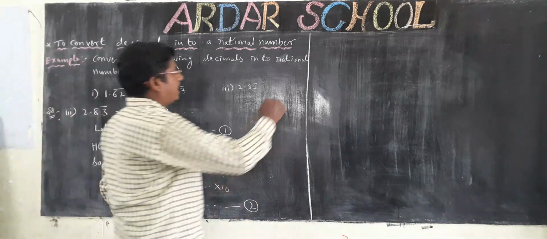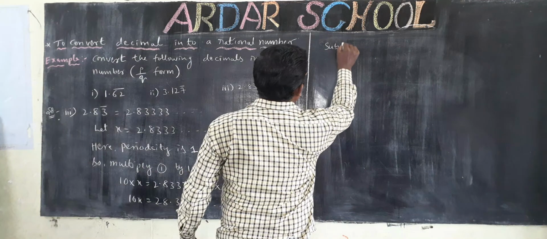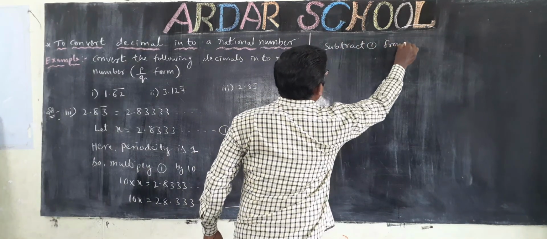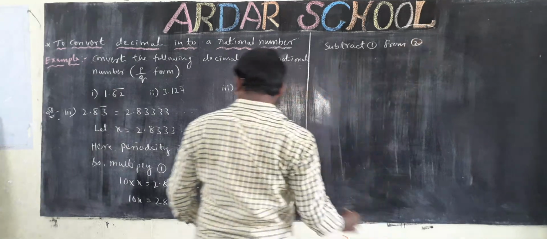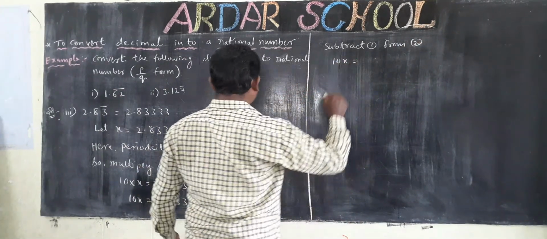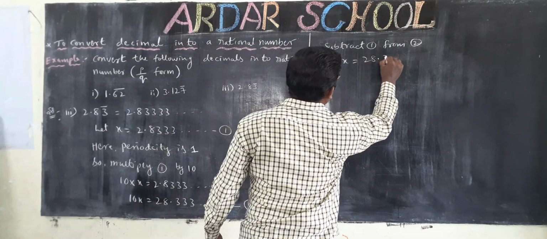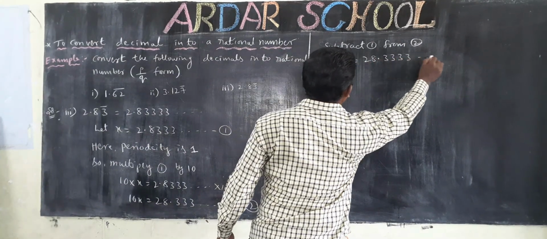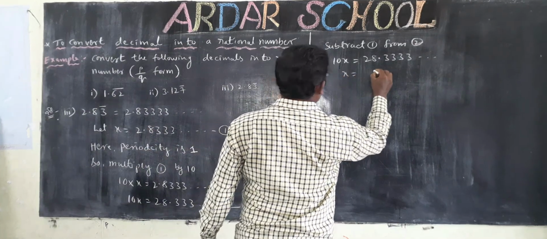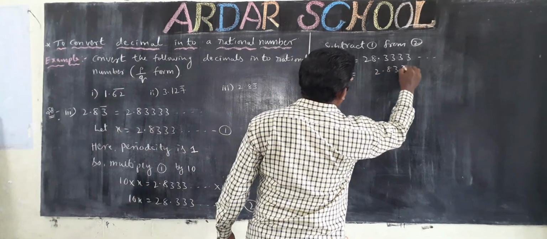Now we have to subtract equation 1 from equation 2. The second equation is 10x is equal to 28.333. The first equation is x is equal to 2.8333.